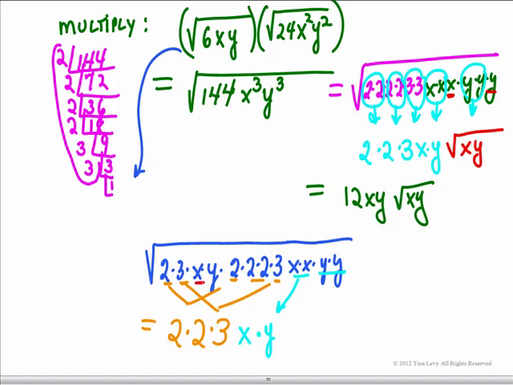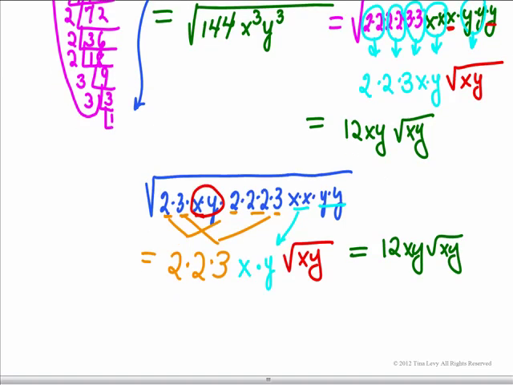And then looking here, what you see that wasn't paired was the xy. And it would have given you the same answer. The answer becomes 12xy, because 2 times 2, 4 times 3, xy, radical xy. So just another way that you could have worked that.